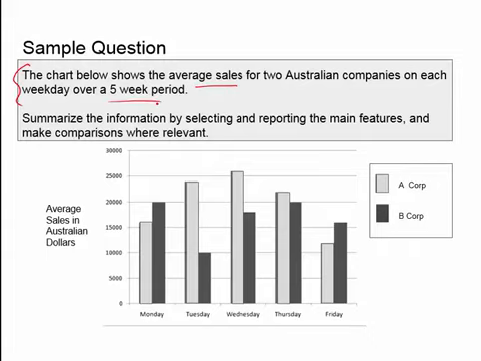Then it gives us below that what we're supposed to do. And this will be basically the same directions on every Task 1. You just need to summarize the information, select and report the main features, and, if relevant, make comparisons. Okay, it will be relevant to make comparisons between these two companies. So we will do that.